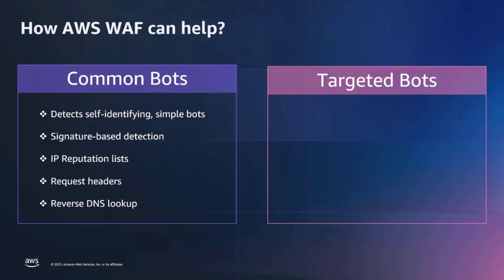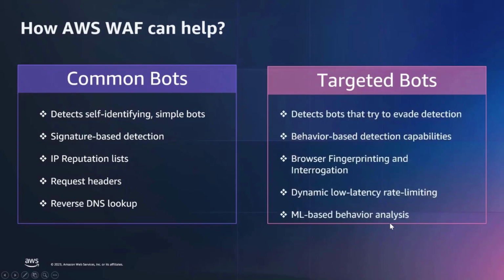On the other side, for advanced use cases, we offer targeted bot control. This targeted protection level adds detection for advanced bots that do not wish to self identify. Targeted protections use advanced detection techniques such as browser interrogation, fingerprinting, and behavior heuristics to identify bad bot traffic and then apply mitigation controls such as rate limiting, CAPTCHA, or challenge rule actions.